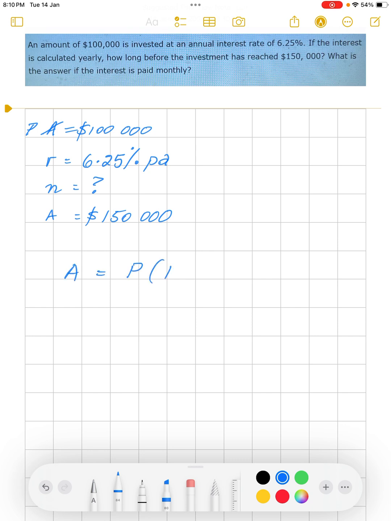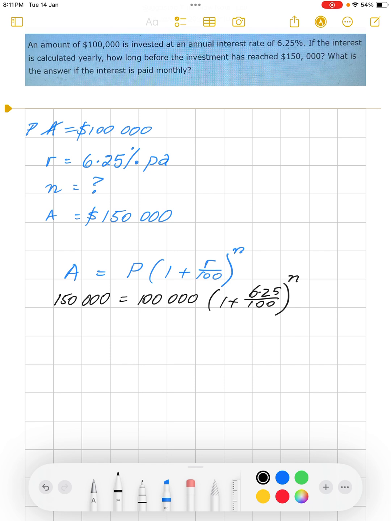It's principal times 1 plus R over 100, to the power of n. So our A value becomes 150,000. It started out as 100,000, and it's 1 plus 6.25% per year, and how many years.